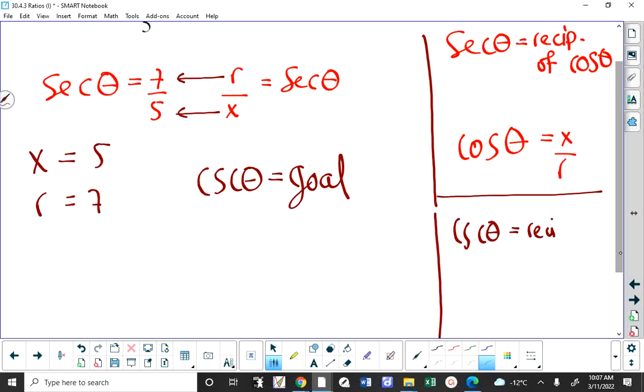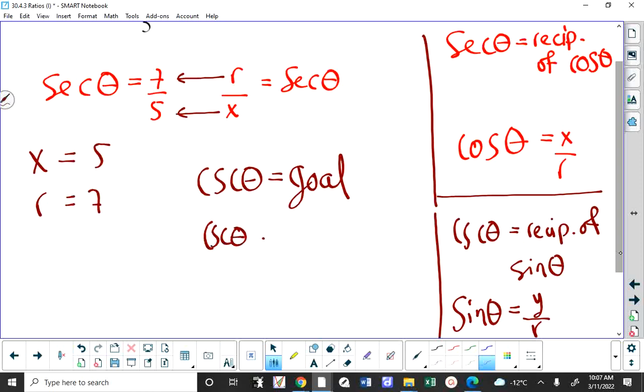And sine of theta is y over r. So our goal is the reciprocal of this. Cosecant of theta equals r over y. This is what we're trying to find.